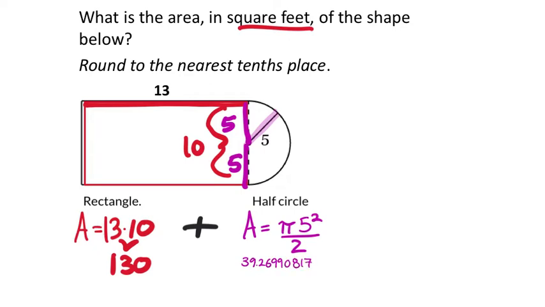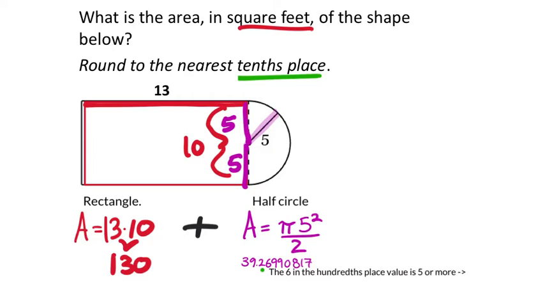39.26990817. That's what it's showing as the half circle area. But it did say up here at the top that we want this rounded to the nearest tenths place. So that's what I'm going to do. I see that I got the 2 in the tenths place value. Immediately to the right of it is a 6. So the 6 in the hundredths place value is 5 or more.